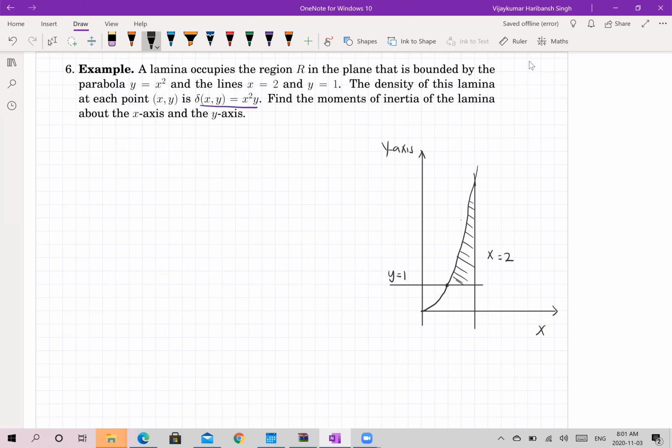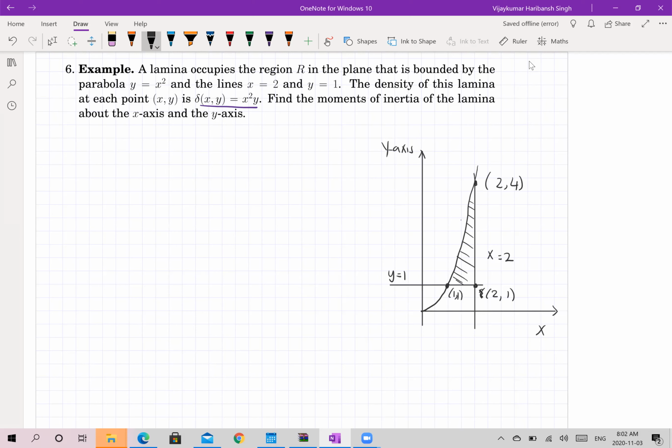So this point is going to be 1, 1. And this point is x is 2, y is 1. And this point is going to be the intersection of the parabola and this line. So it's going to be 2, 4.